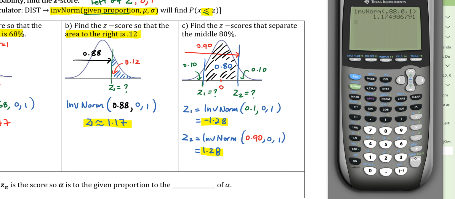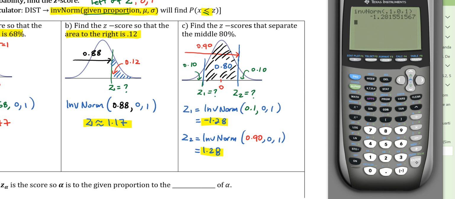All right, let's do C. Let me clear that one out. C. So same thing. Second vars, number 3, gives me the z-score. Now first, let's do z1. The area on the left of z1 is 0.1. So 0.1. Okay. And that's negative 1.28 approximately.